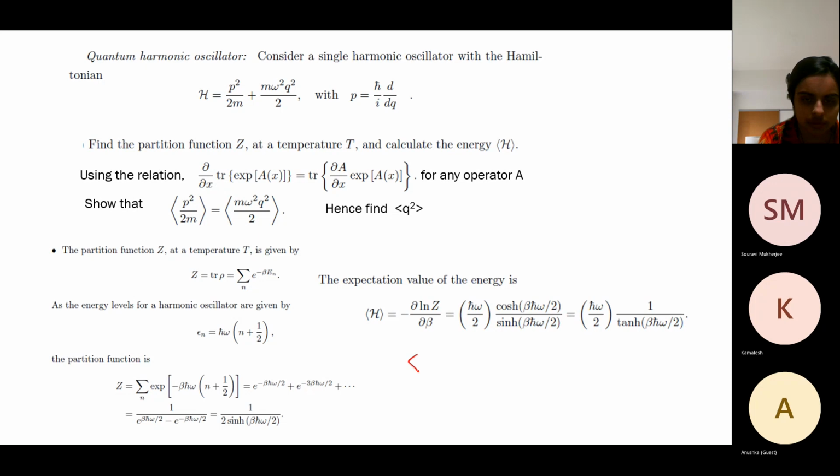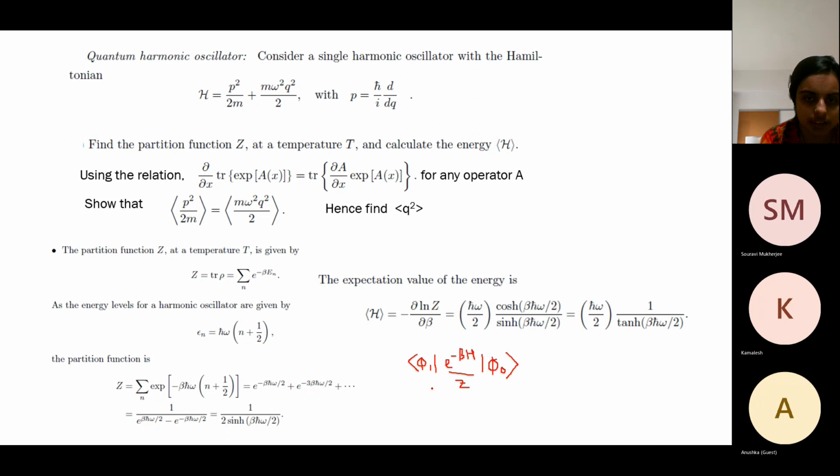So we will do something like phi 1, then rho, which is given as e to the power minus beta H divided by Z. We know the expression for Z. And then we operate it on phi 0.